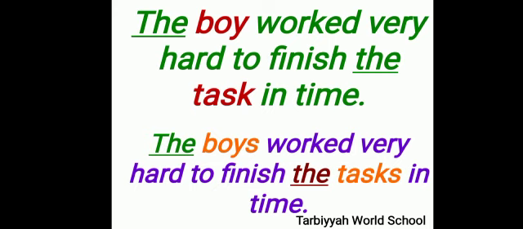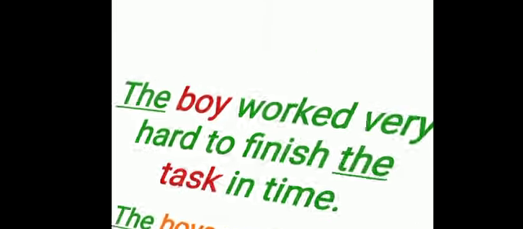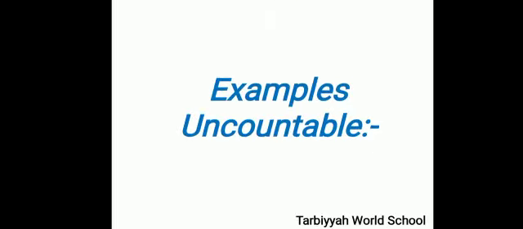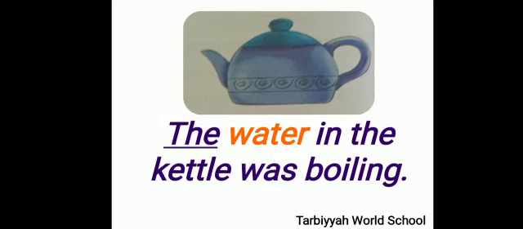In the second sentence, the boys worked very hard to finish the tasks in time. It's plural. Now see the example for uncountable. The water in the kettle was boiling. So we are talking about a particular water that is in the kettle and was boiling.